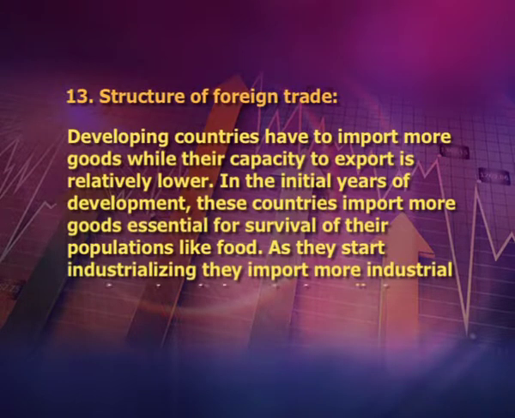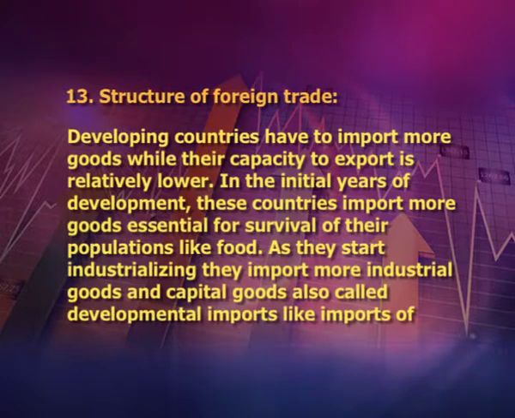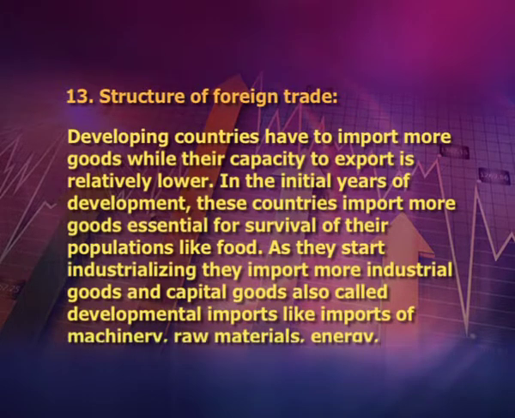As they start industrializing, they import more industrial goods and capital goods, also called developmental imports, like imports of machinery, raw materials, energy, technology, etc. After the process of industrialization takes off, the maintenance imports tend to increase. Maintenance imports are essential for maintaining the growth and pace of industrialization, and these constitute advanced or green technology imports, spare part imports, and so on.